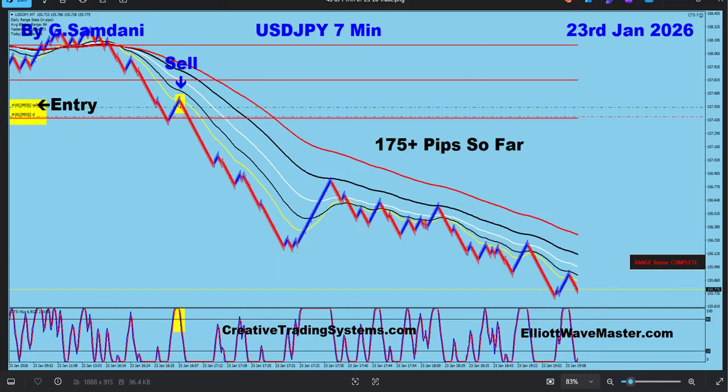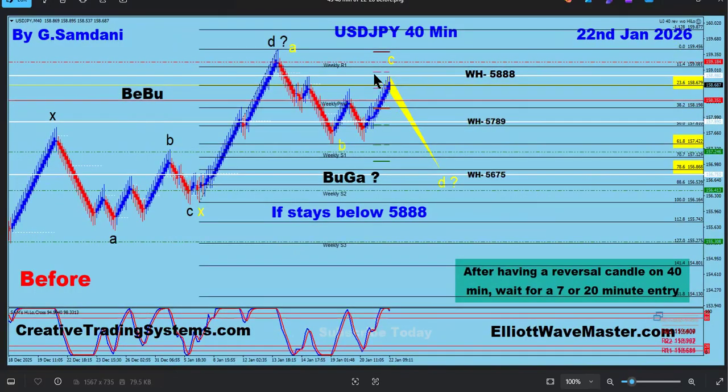If the price is going up, I need the price to become bullish on the 7 minute chart and give me a proper setup, a little retracement, and then continuation. Similarly here, it dropped, became bearish, retracement, and as soon as you start the continuation, my EA opens the trade, right?